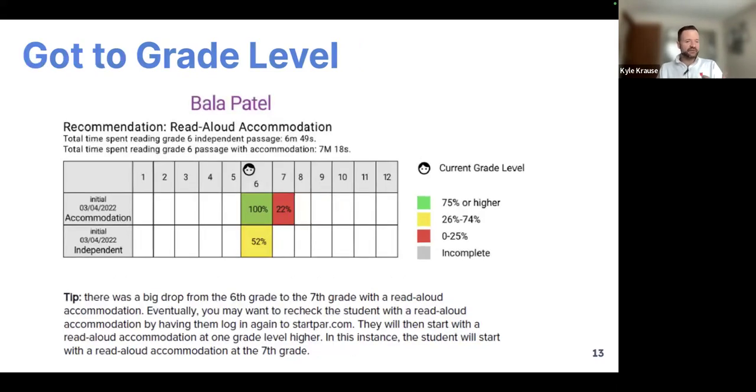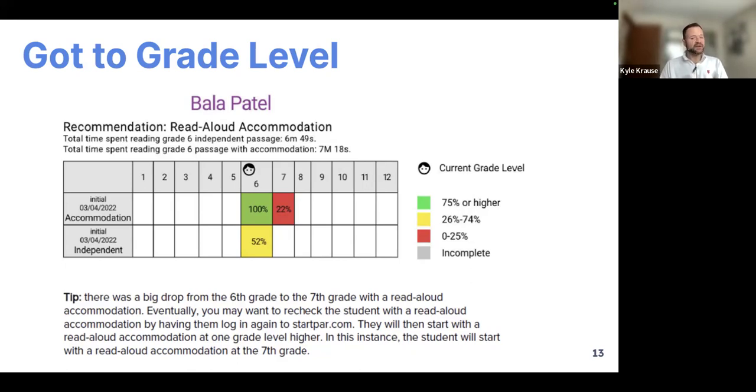This would be got to grade level. Looks very similar, but in this one, you can see maybe the student only got to the grade level that they were at and being successful with that accommodation. So again, this would be a sixth grade student who is showing really great benefit from having that text read aloud versus what they can do independently.